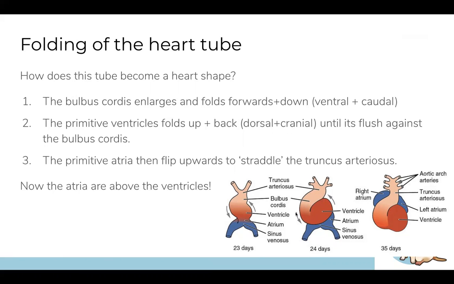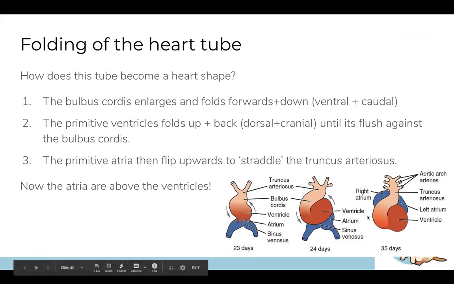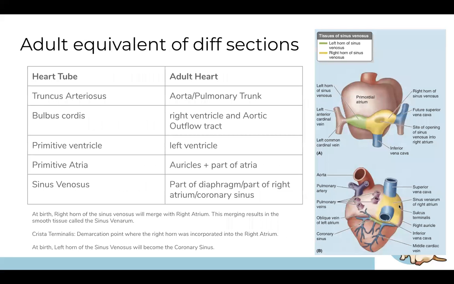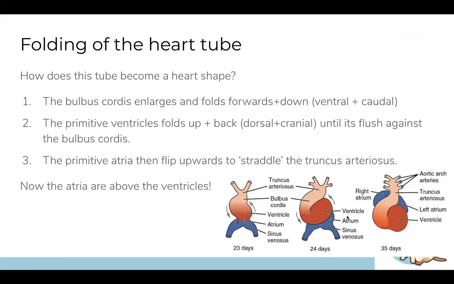And then your primitive atria flip up and straddle the truncus arteriosus. So now you have your atria above the ventricles. A note though is that your primitive atrium isn't actually the adult atria. The primitive atrium is actually your auricles.